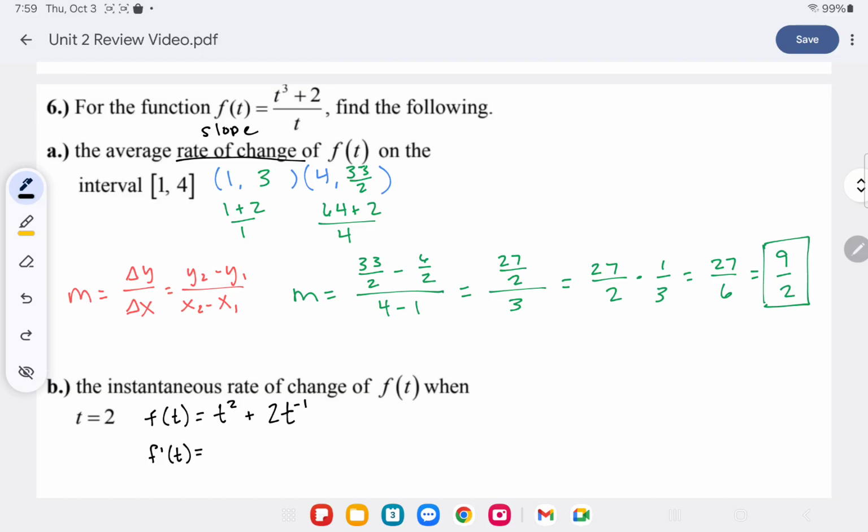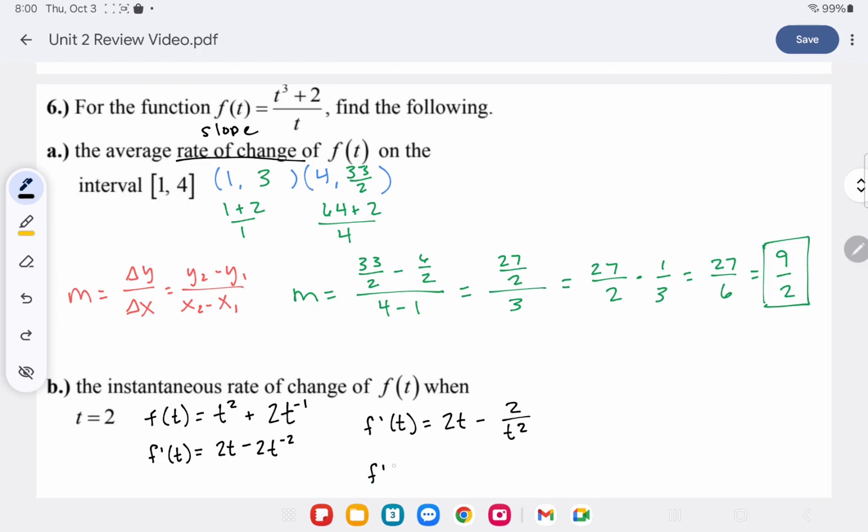So when I take the derivative of t squared, I get 2t. And then here I'm going to get a negative 2t to the negative second. And let me rewrite that answer before I plug in the 2. So I have 2t minus 2 over t squared.